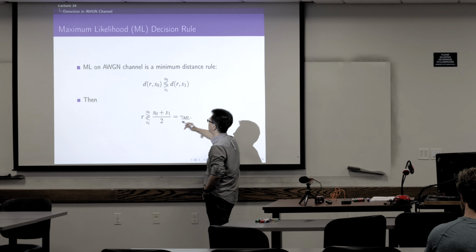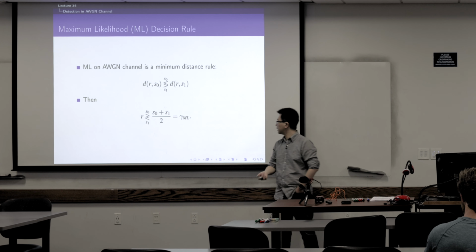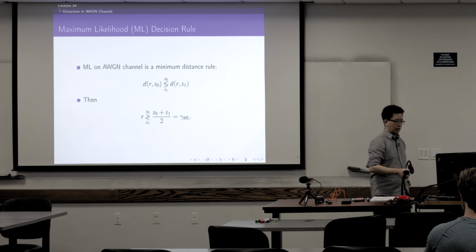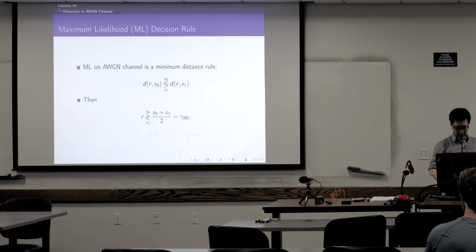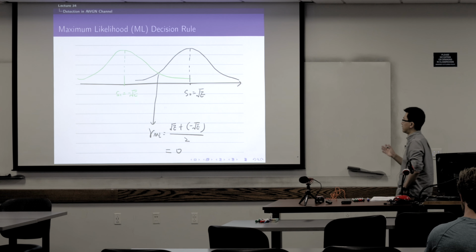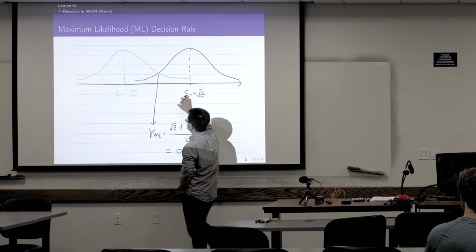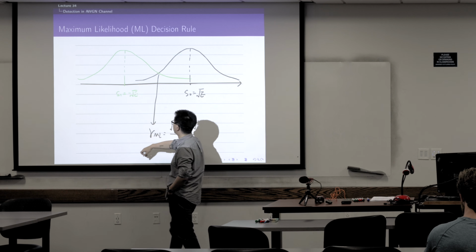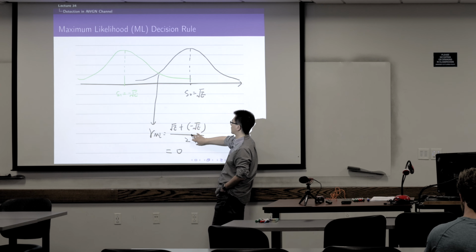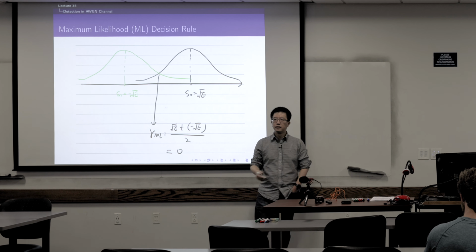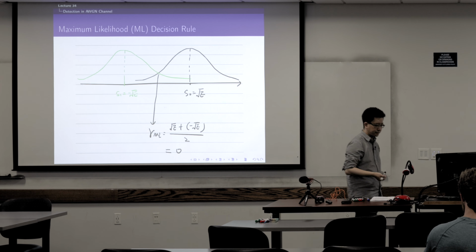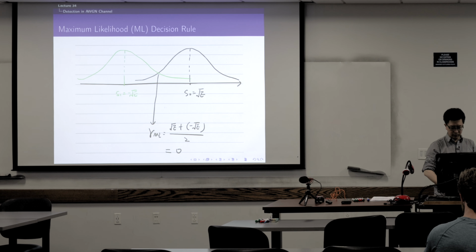Remember that. We derived that explicitly, and on the figure it means the average between this point and this point. We have minus square root of E here and square root of E here, so our gamma ML would be 0, which coincides with our intuition.